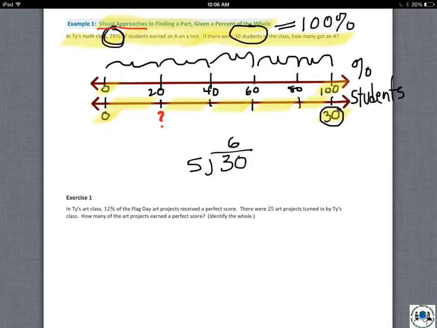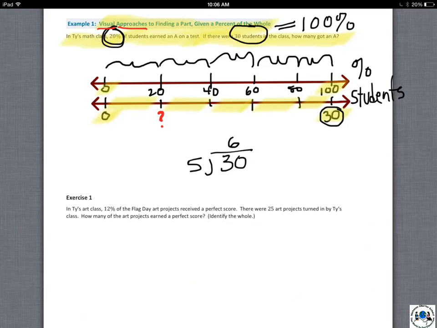The number we're looking at is 30, because the whole number line of students is equal to 30. So if we split that 30 up into 5 sections, each of those sections is going to be worth 6.